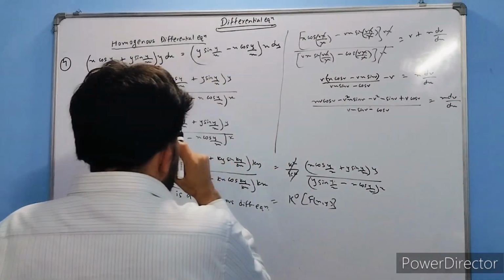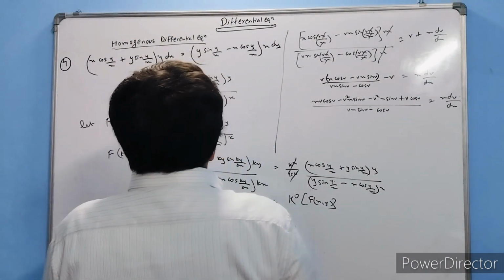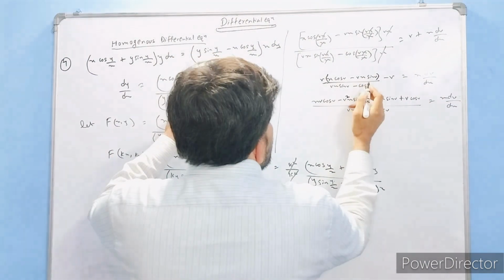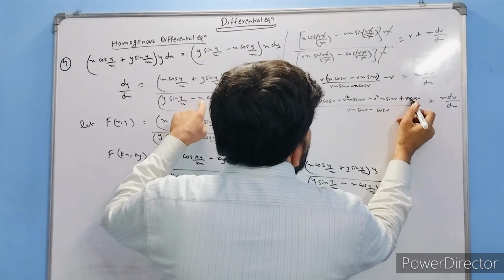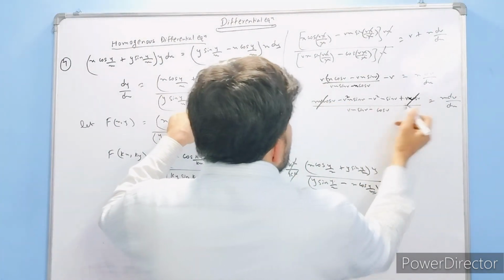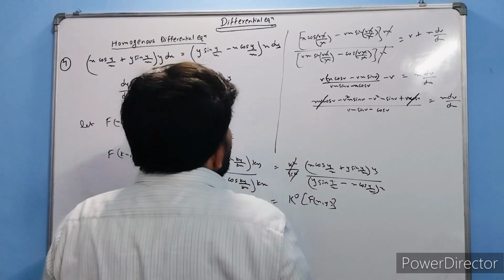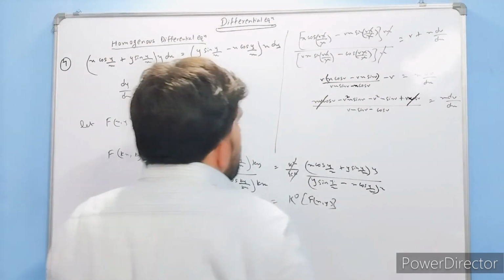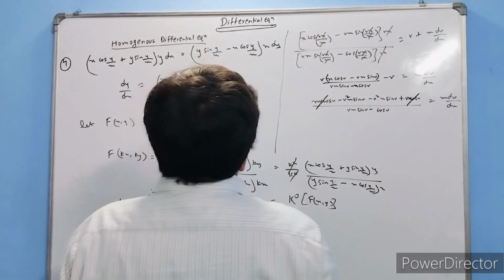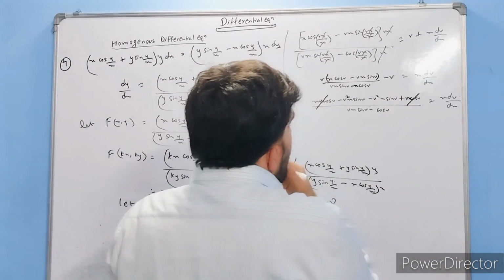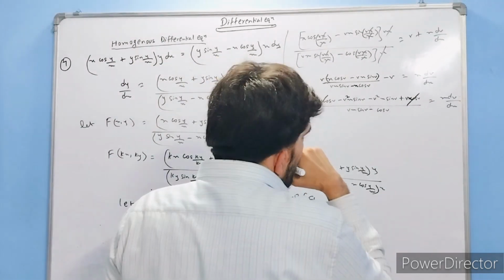Okay, wait, we have done a mistake here. We have x here, so it will be minus x, so it will be vx cos v reduced. Wait, we have here y, vx we have taken. So now what is left with us is what you can see here.